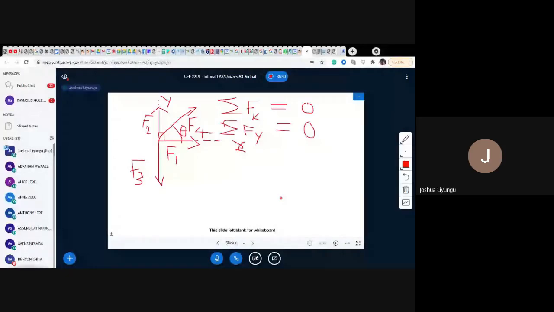So even just from inspection, the way I've drawn the F4, if F1 is facing the right, then my F4 is supposed to be facing the opposite direction, not like that.